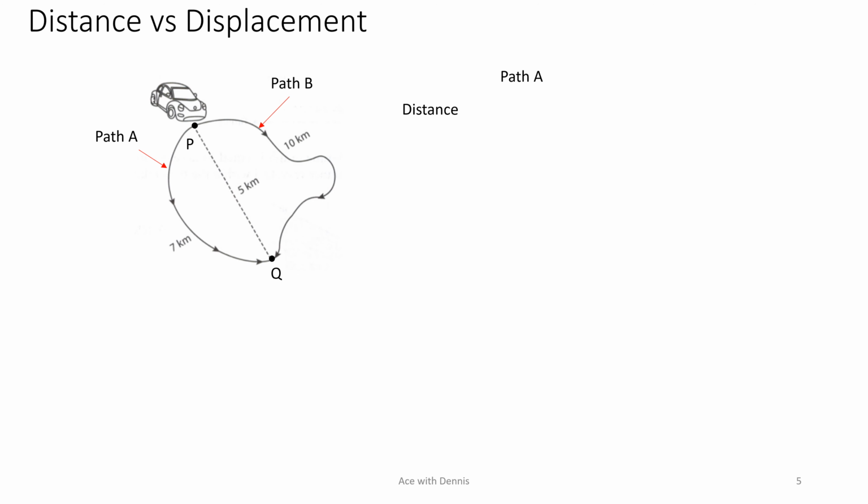Now, let's look at path A. The distance for path A is 7 kilometers. For path B, the distance is 10 kilometers. However, when we talk about displacement, both path A and path B are 5 kilometers.